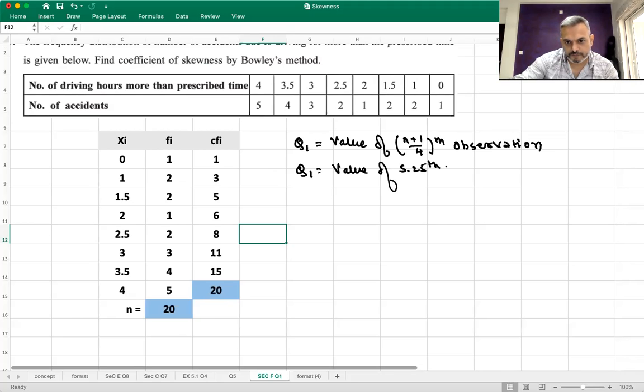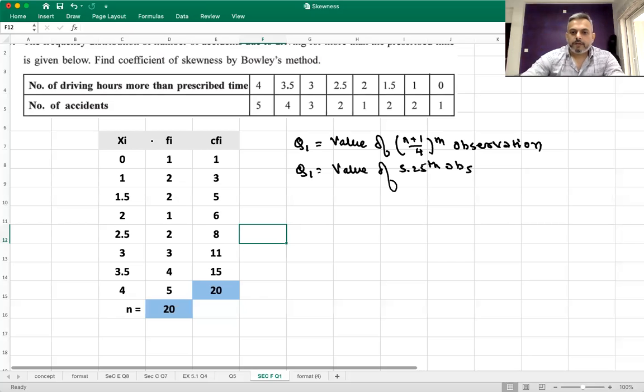5.25th observation. Now we have to see where is 5.25th observation. So over here. Okay, so now because Q1 is equal to value of 5.25th observation, but the fifth observation is 1.5 and the sixth observation is 2.